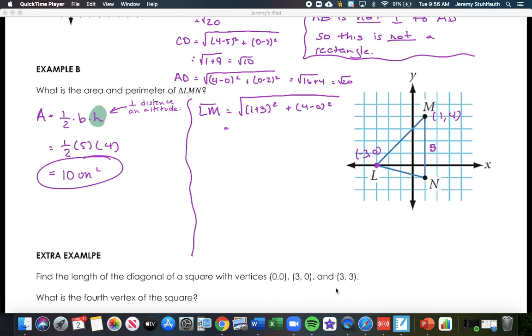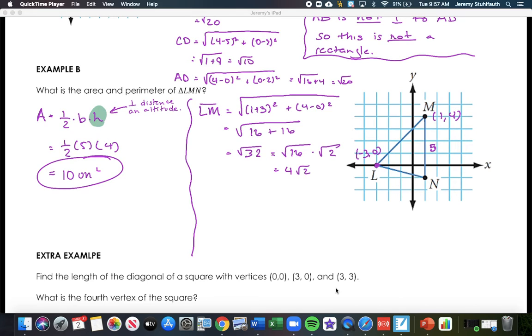So we have square root of 16 plus 16, which is the square root of 32. My fault, 32. And if we wanted to simplify this, we could simplify that into the square root of 16 times the square root of 2. So we get 4 square roots of 2.